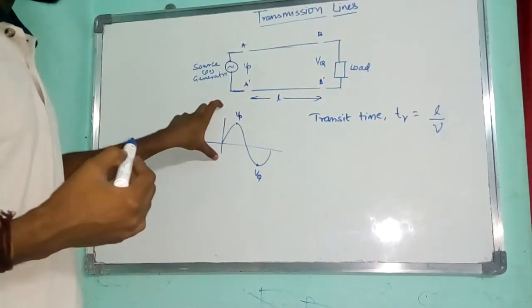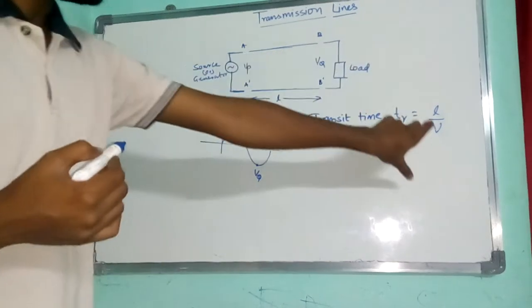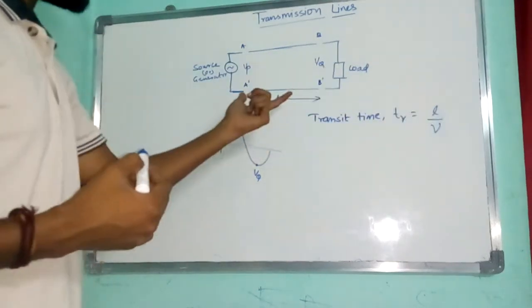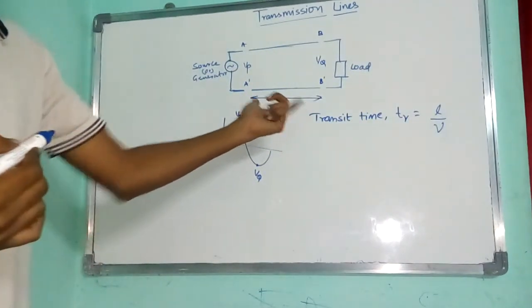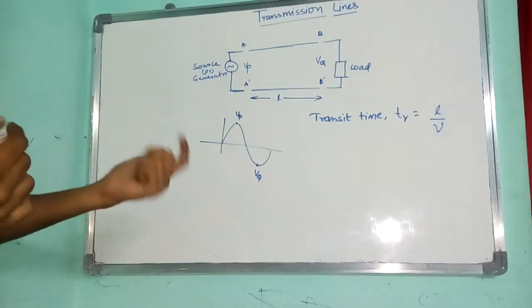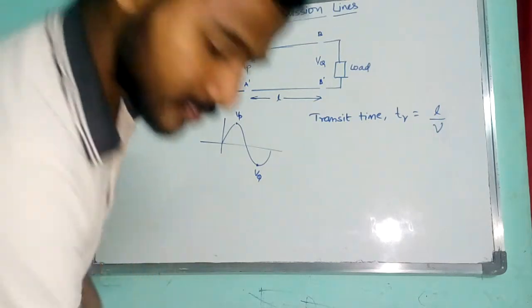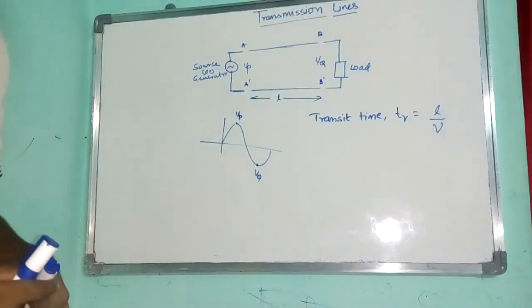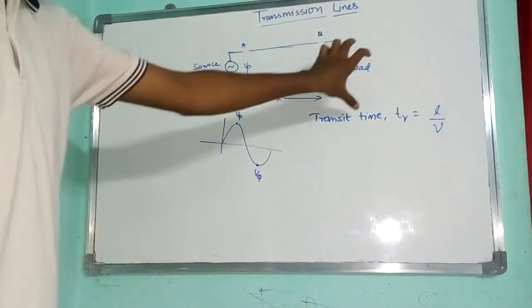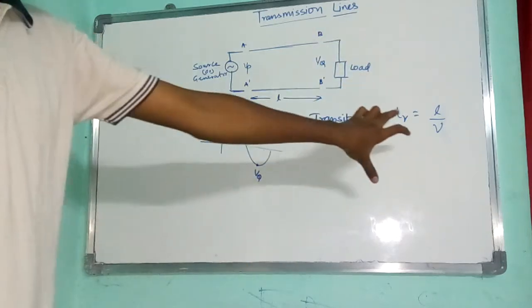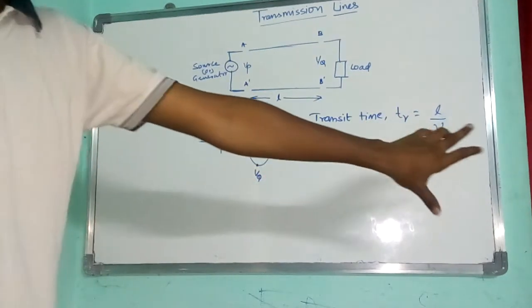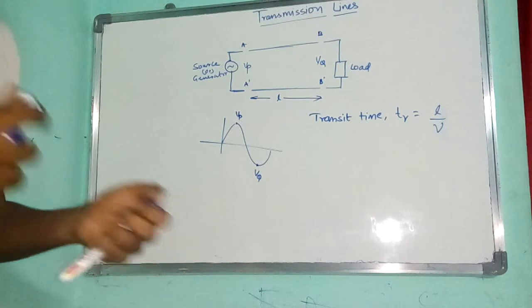The wave travels from this point to this point with velocity v, covering a distance of length L. Whenever we consider the transmission line, we have this effect, which is due to the transit time and is called the transit time effect.